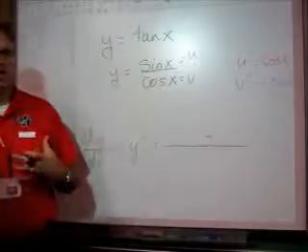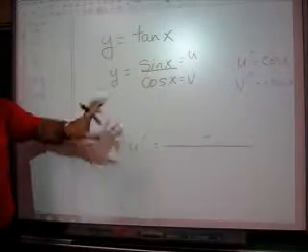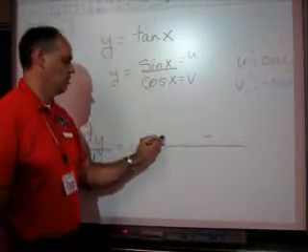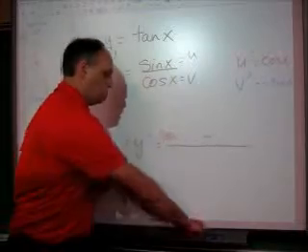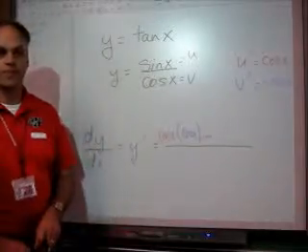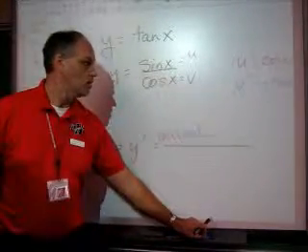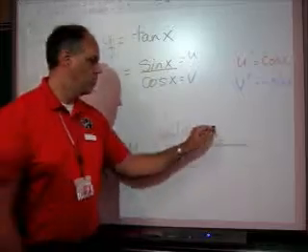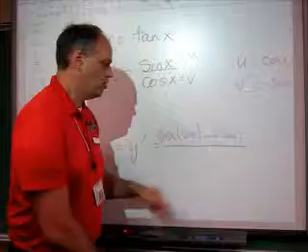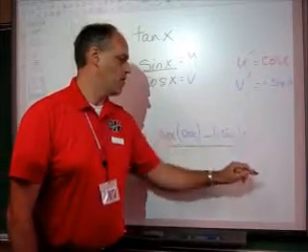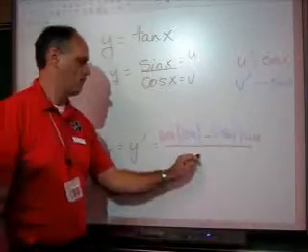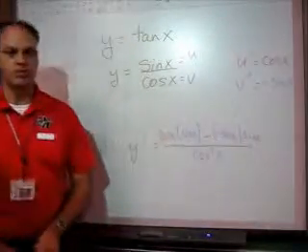So, we know from our derivative rule that it's going to be u prime, cosine of x, times v, cosine of x, minus v prime, so negative sine of x, times u, sine of x, all divided by what? v squared, which is cosine squared of x.